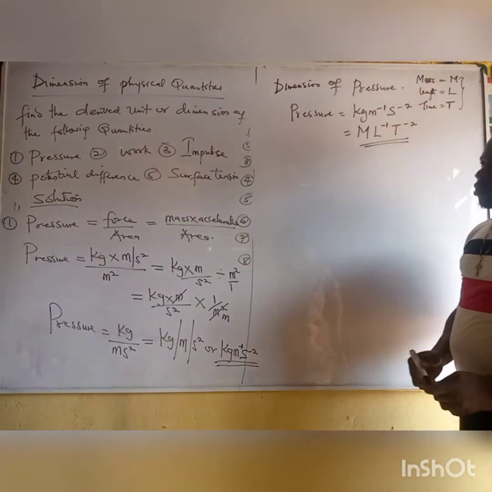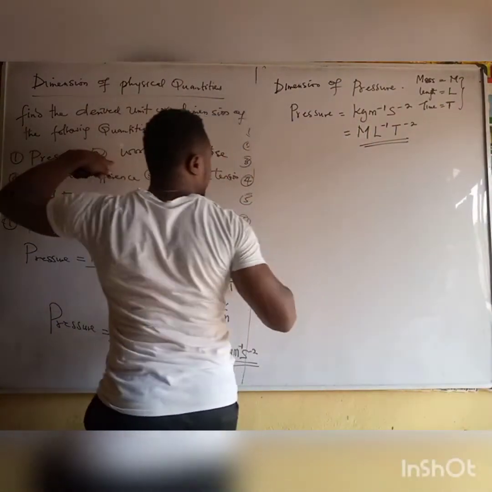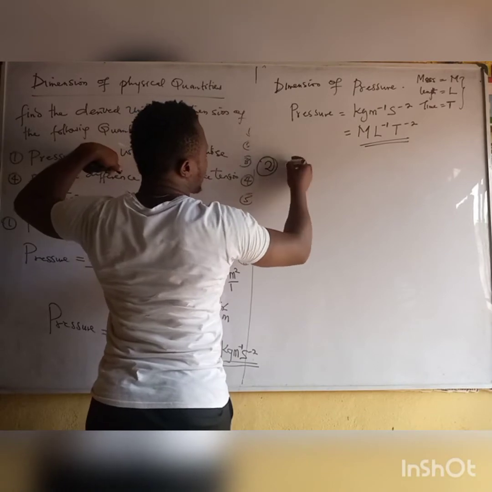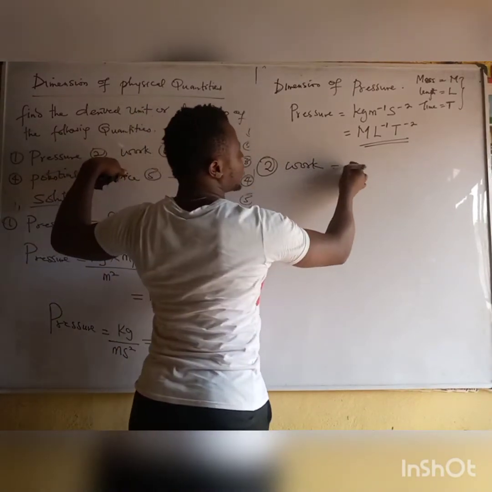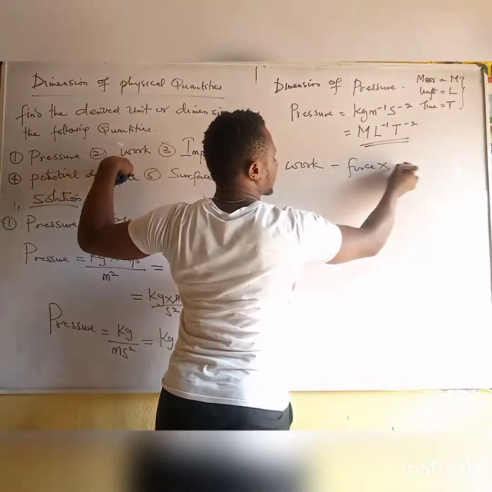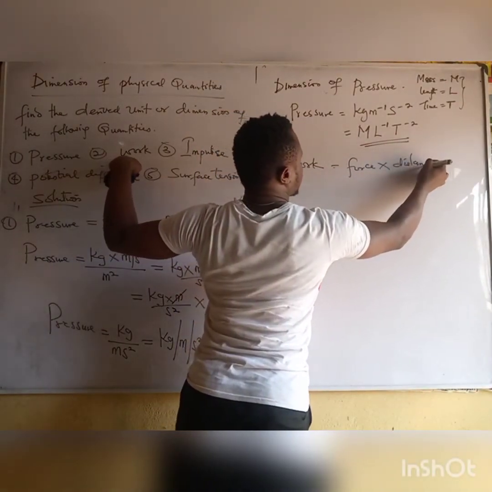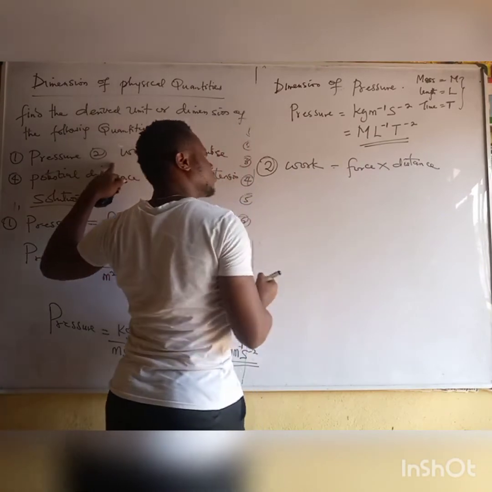So we have number 2, which is work. What is work? Work is equal to force times distance.